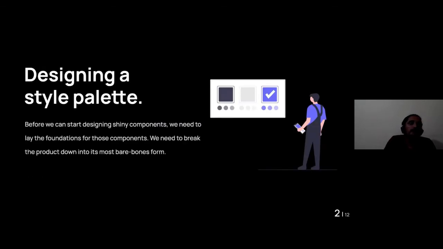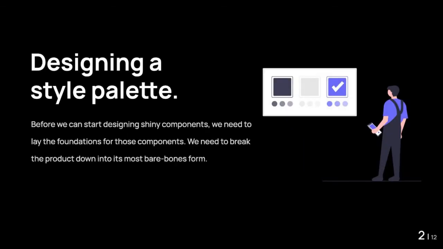Before starting to have a design system, we need to break down our whole product into skeleton components, the components that lay a foundation for everything, like what we are going to use and what's going into our elements. Firstly, we need to define what we are going to use.